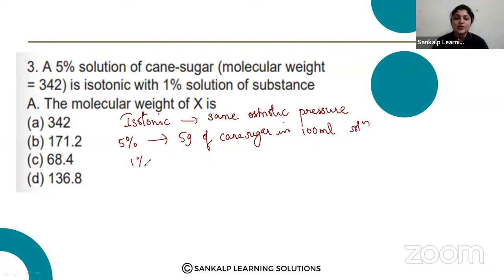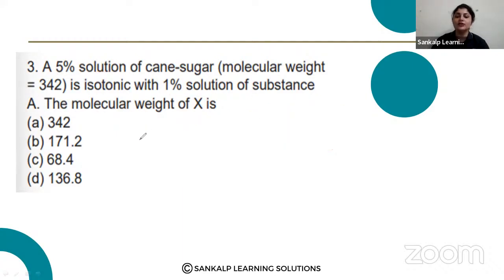Now 1% means what? 1% means 1 gram of substance in 100 ml of solution. So now we know what 5% is and what 1% is. Now we'll take two solutions. Understood? I'll clear this and write here now. So I'll take substance 1, substance 2.